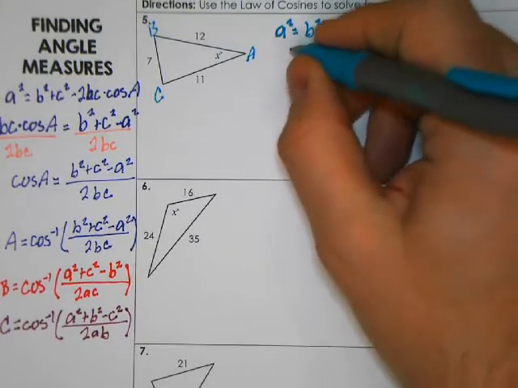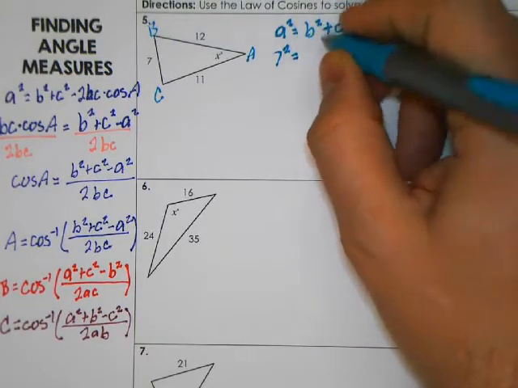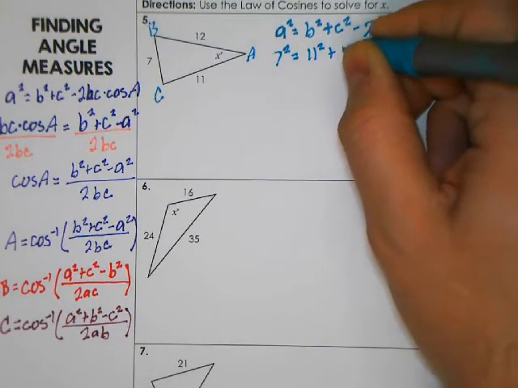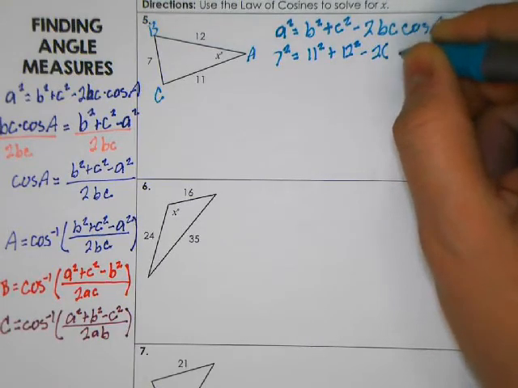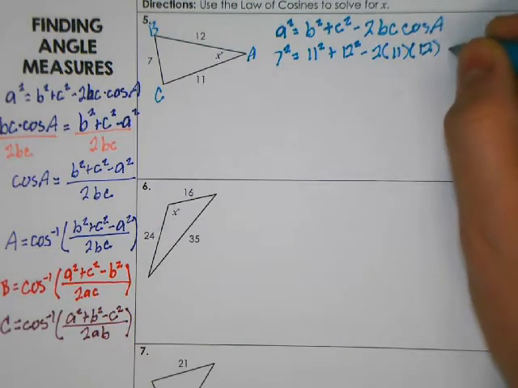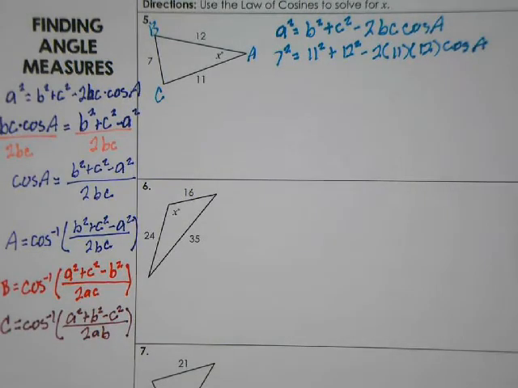In this case, 7 squared is equal to b squared, which would be 11 squared, plus 12 squared, minus 2 times 11 times 12 times the cosine of A.